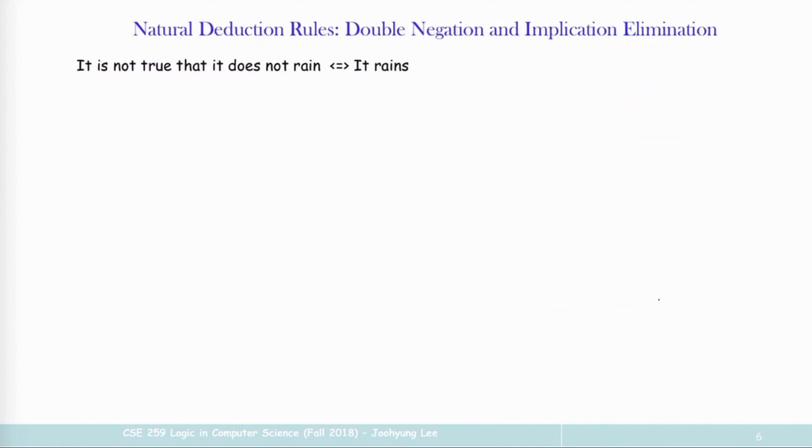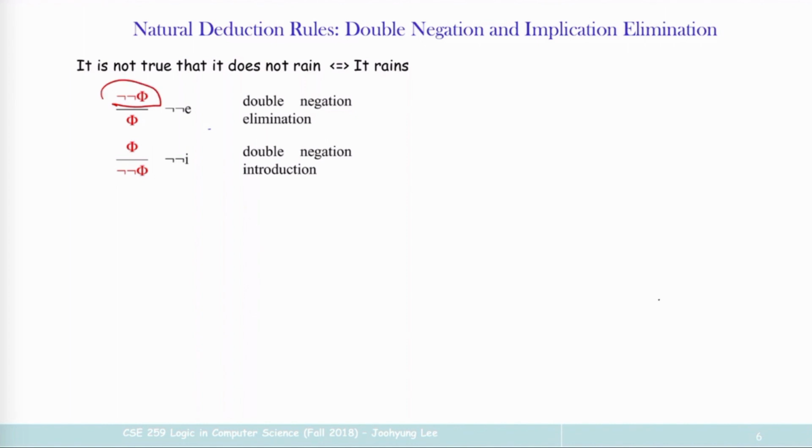All right, and then we look at the double negation and implication elimination rule. Double negation simply means you can either add a double negation or remove it. If you have somehow proved not not phi, you can prove phi, and vice versa. You can have phi and derive not not phi.